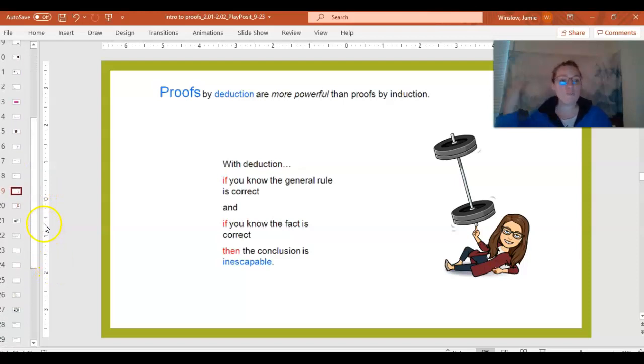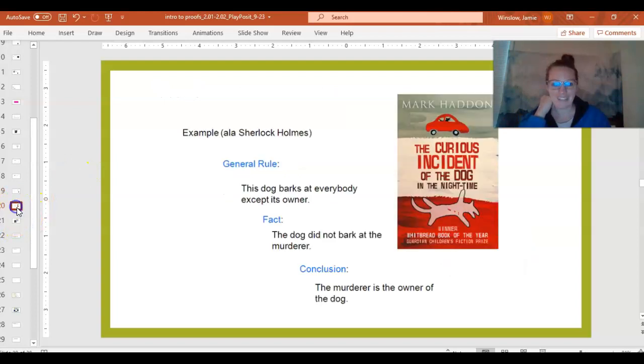So proofs by deduction in nature are way more powerful, usually more useful, because we know the general rule is true, so we can just follow it. All right, so again, let's look at that Sherlock Holmes example.